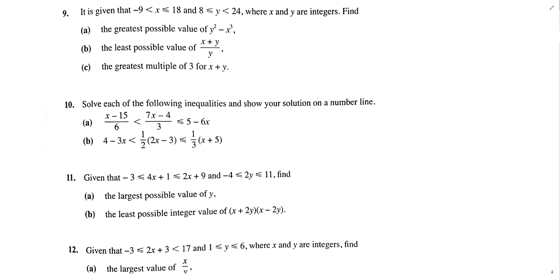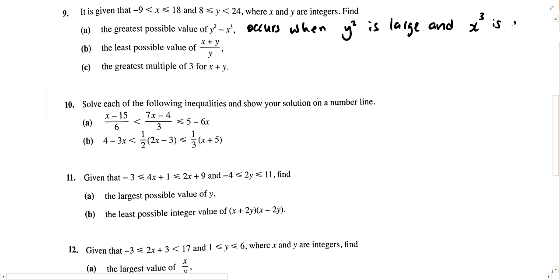Okay, now for question 9, part A, we see that x ranges from a negative number to a positive number, and y ranges from a positive 8 to positive 24, not including 24. So to find the greatest possible value of y squared minus x cubed, the greatest possible value occurs when y squared is large and x cubed is small.